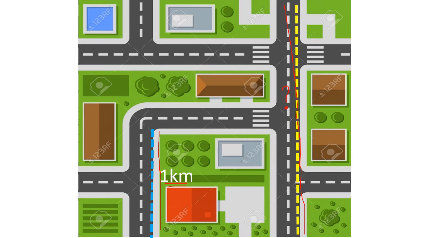So, how long is the yellow route? I don't know exactly, but I have a rough idea. This yellow route is about double the blue one, so my estimate would be about 2 kilometers. Again, it's an estimate, and it's okay.